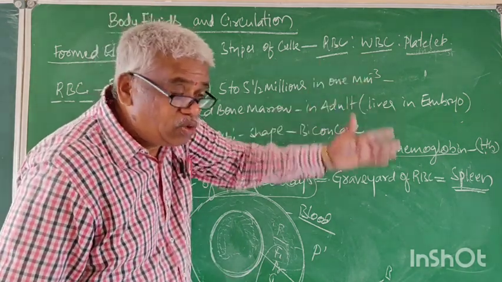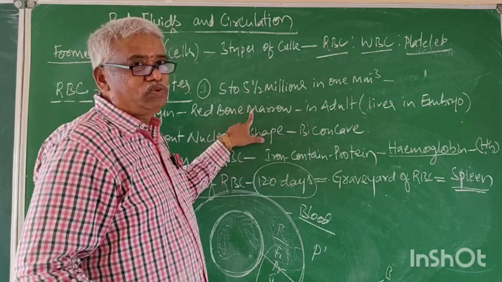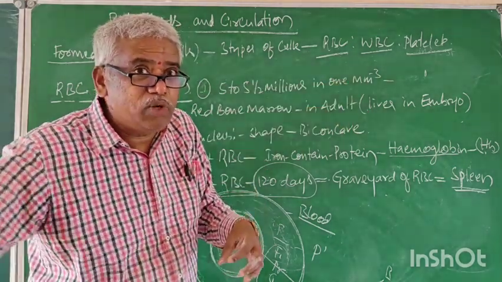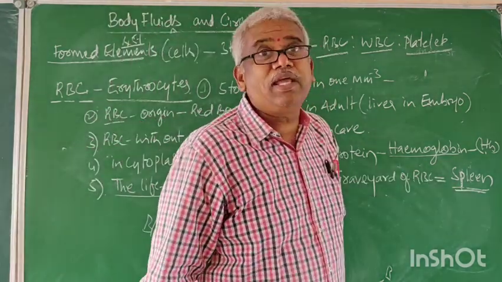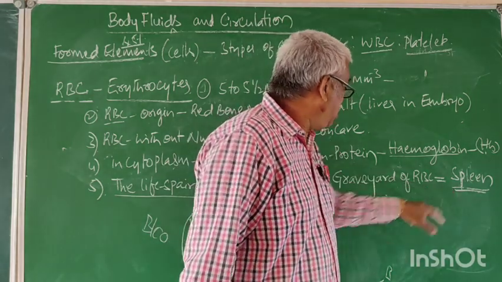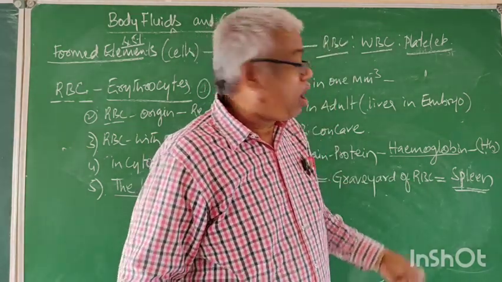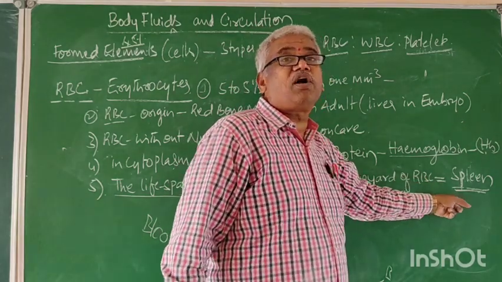Again new cells will be formed. The new cells are formed from bone marrow. The old cells are destroyed in spleen. Hence, the spleen is the graveyard, burial ground of RBC. Graveyard of RBC is called as spleen.